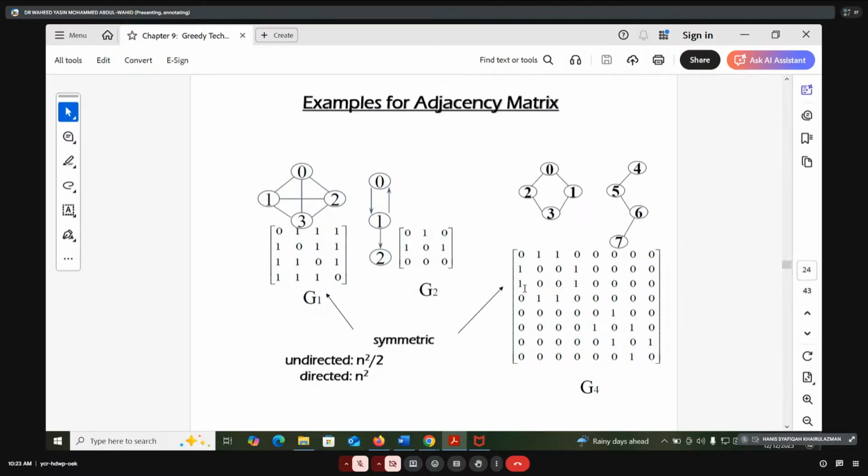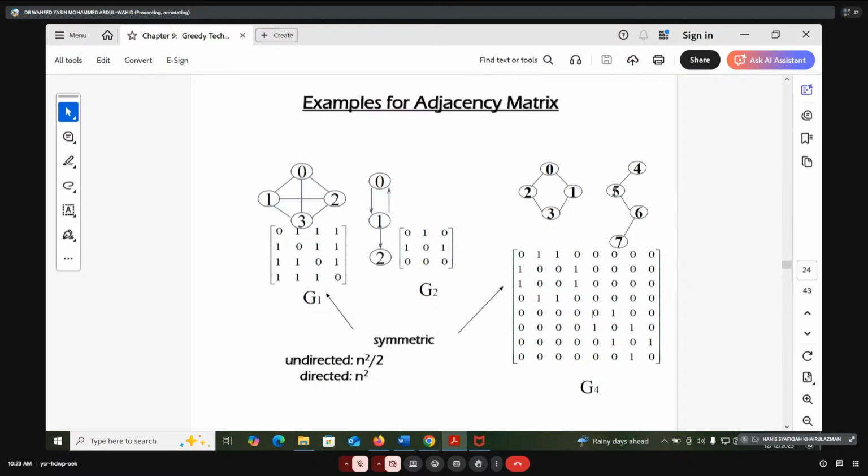Now 0, 1, 2, 3. Node 3, I already solved. For node 4, 4 is connected only to 5. So here 4 is connected to 5, and the rest is 0. There is no connection between 4 and 0, 1, 2, 3. For node 5, there is no connection between 5 and 0, 1, 2, 3, so it will be 0, 0, 0, 0.